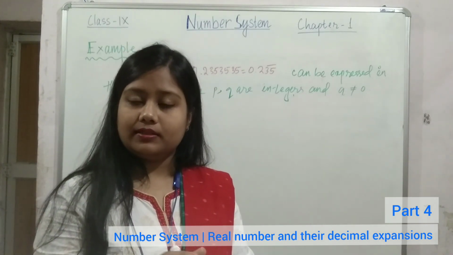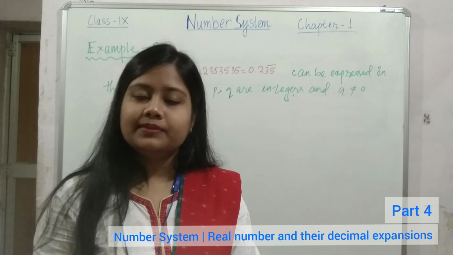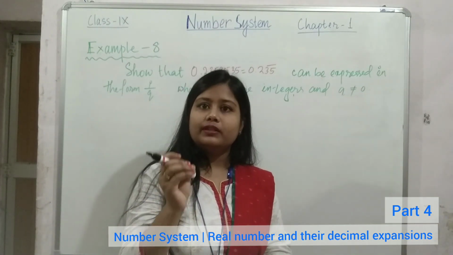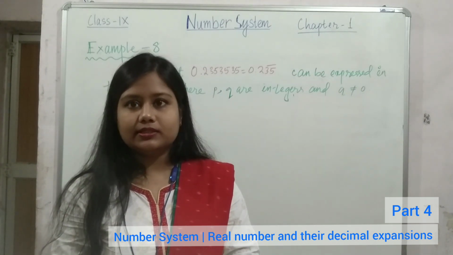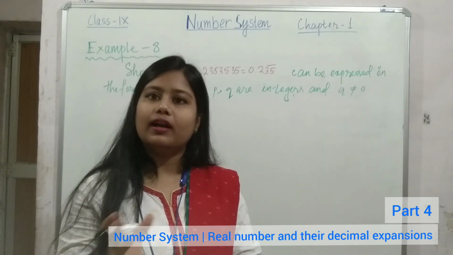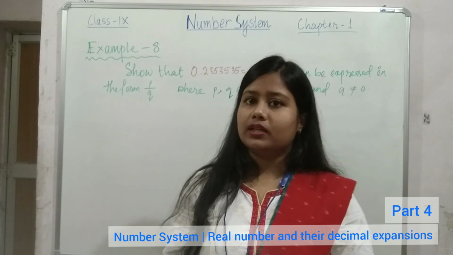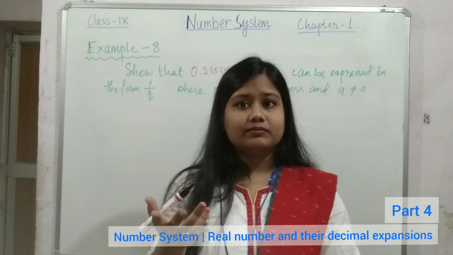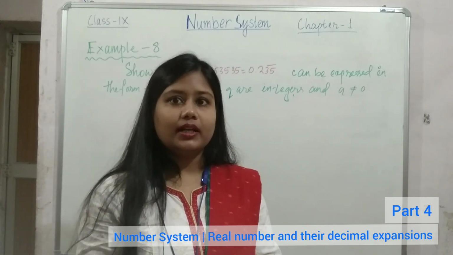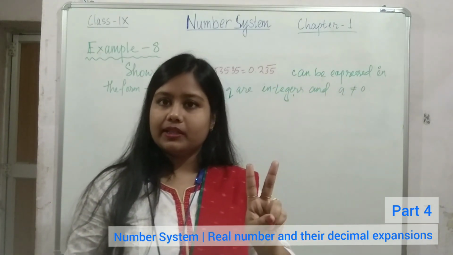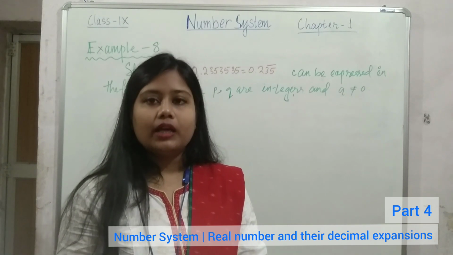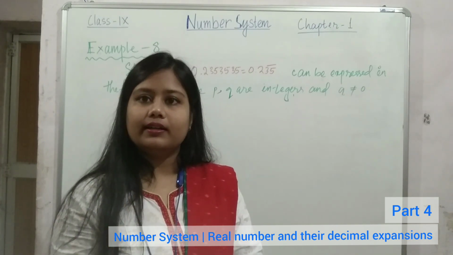In the earlier problem I told you that only the number of repeating digits is taken into consideration for multiplying by 10 or 100 or 1000. So here, how many digits are being repeated? Only 3 and 5. So 2 digits are being repeated. That is why we will multiply by 100 here.